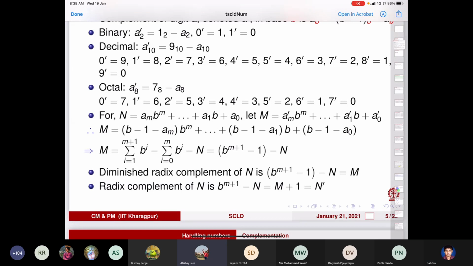Sir, if we have a decimal number and we take the complement of every digit and add them, then we won't get b raised to the power m plus 1 minus 1.